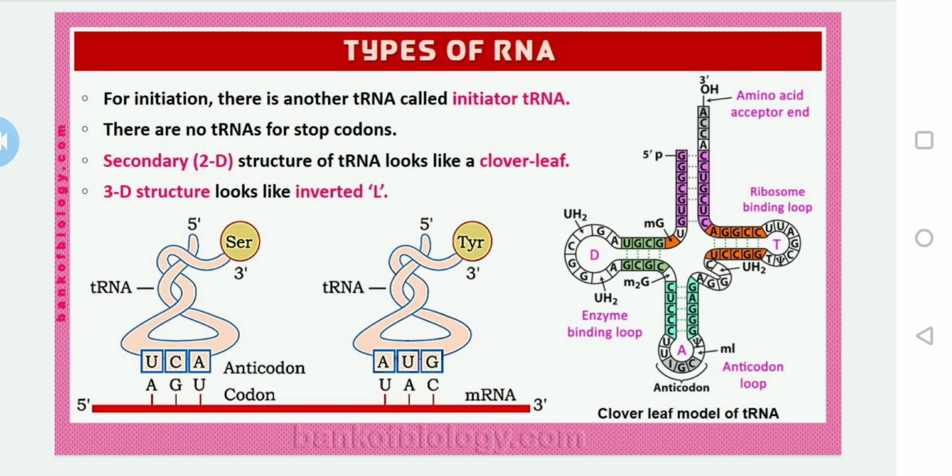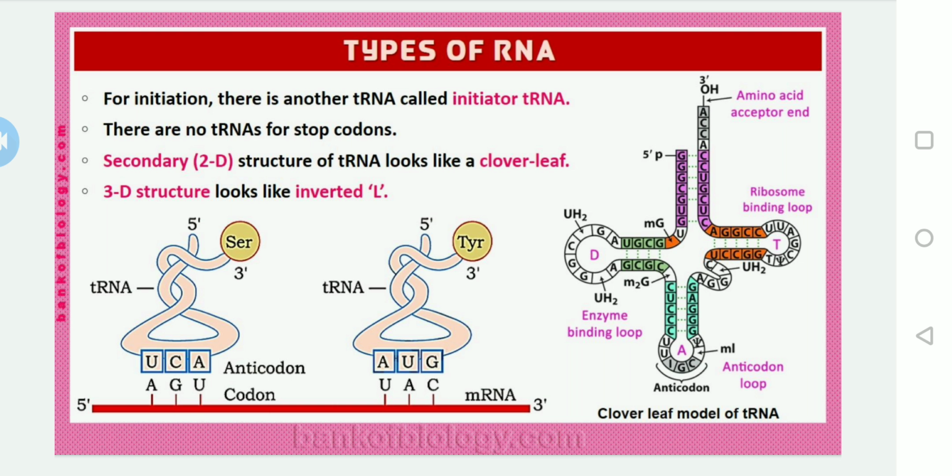Are you able to identify the structure? For initiation, there is a specific tRNA known as the initiator tRNA having the anticodon UAC, but there are no tRNAs for stop codons. So this is the structure of the tRNA, the adapter molecule.